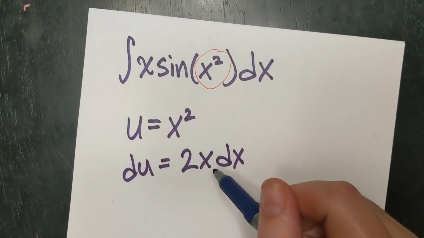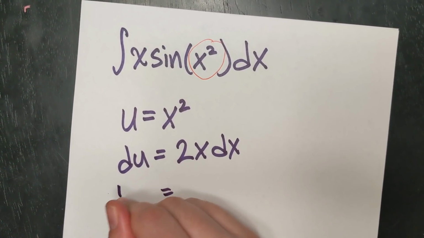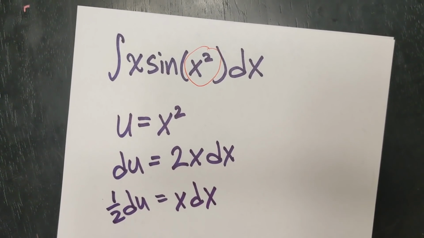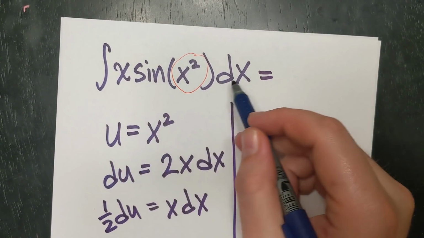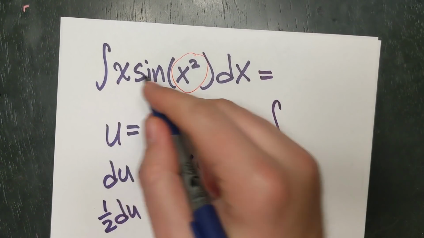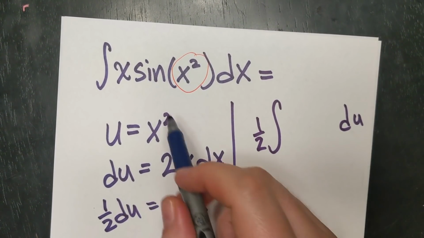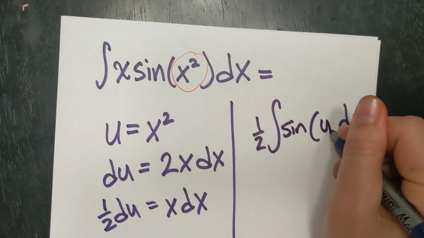Okay, I almost have 2x. I have an x. I don't have the 2. So you could think, well, to move the 2 over, that's a half du. So that's telling me, okay, I almost have what I want, except this x dx gets replaced with a half du, and the sine of x squared gets replaced with sine of u.